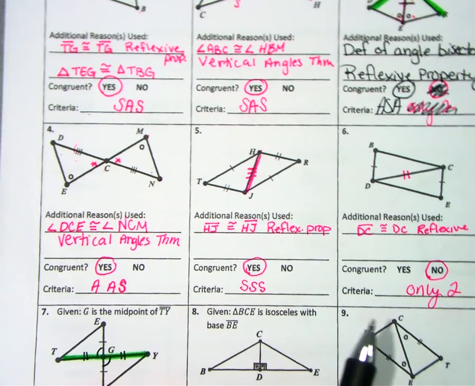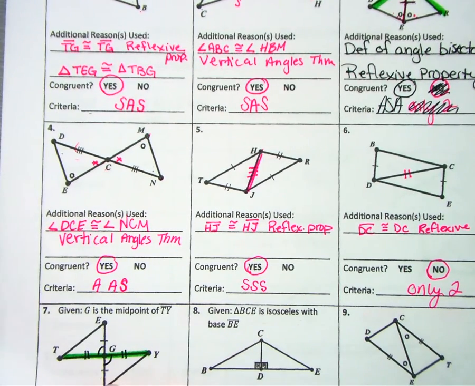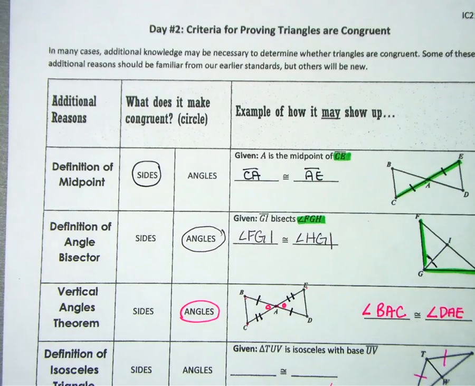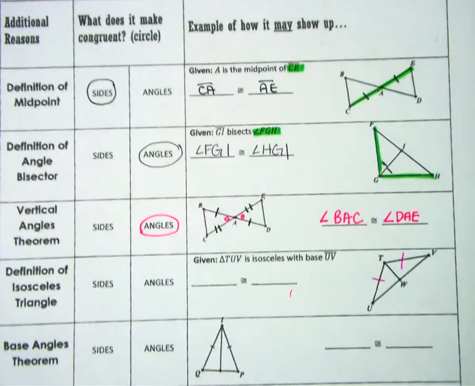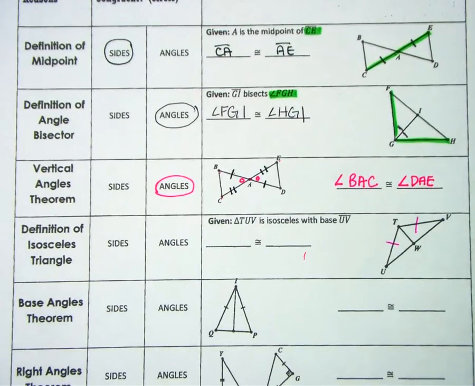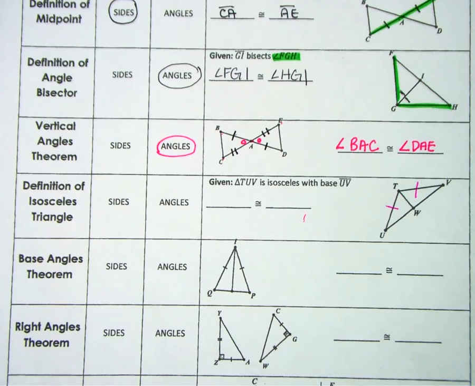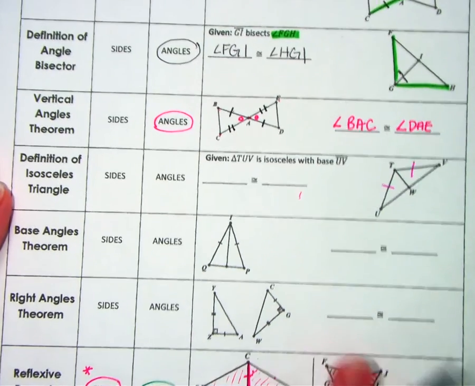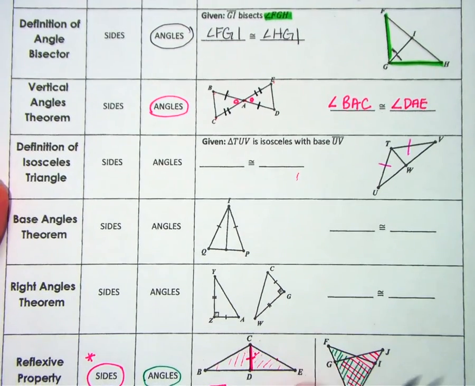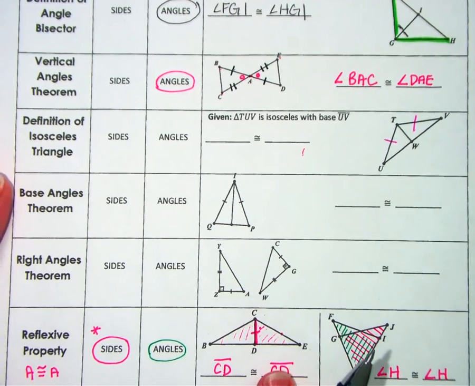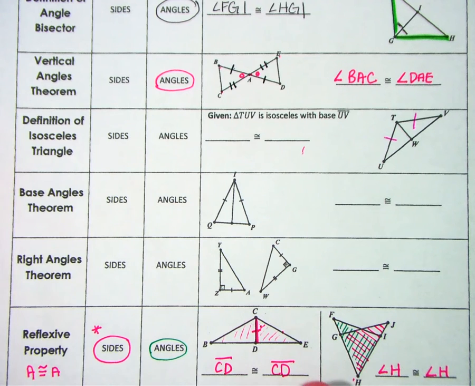And so how do I deal with that? Again, I'm going to flip back. Now we'll talk about definition of isosceles, base angles theorem, and the last one, right angles theorem. All right, so the last three.